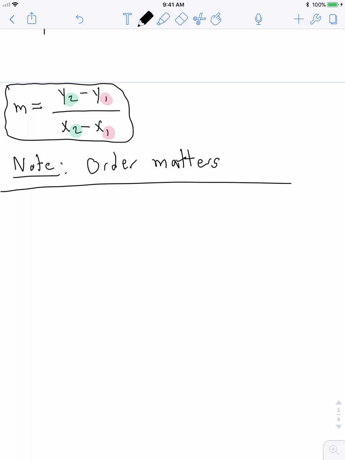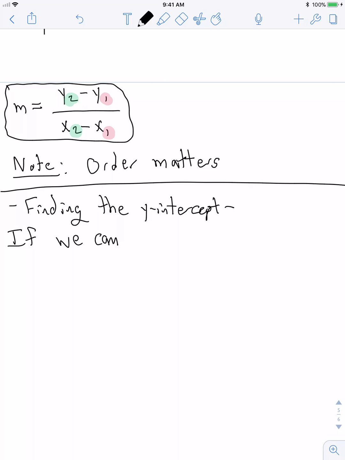Next, we'll talk about finding the y-intercept. And we sort of have two things that might happen. If we have a very nice graph given to us, and if we can see the y-intercept, then we are done. We can just grab that point, plug it into the equation, and we're good.